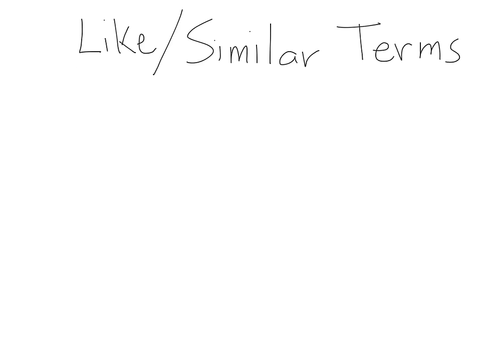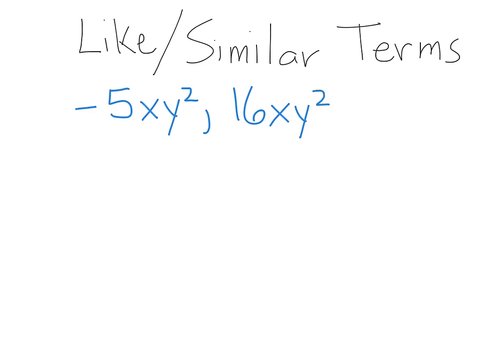We also need to know what like and similar terms are. Two monomials that are exactly alike or are the same except for their numerical coefficients are said to be similar. So for example here, this would be a list of similar terms: negative 5xy squared, 16xy squared, xy squared, and 1/3 xy squared.